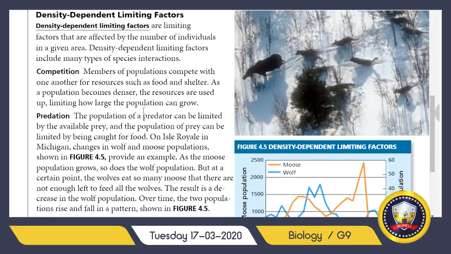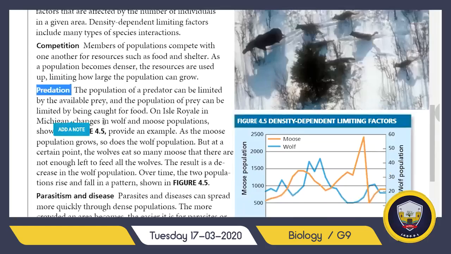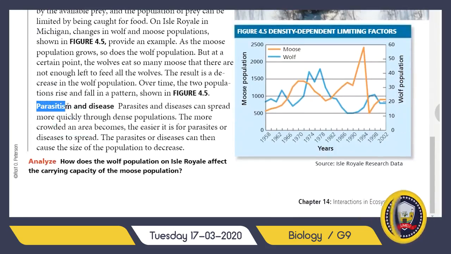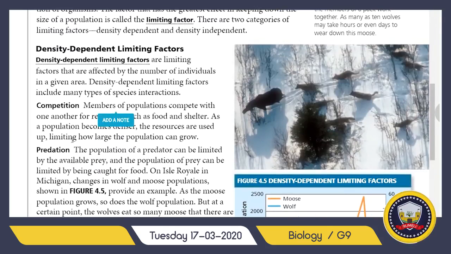Examples of that: competition, predation, parasitism and disease. This is the density dependent limiting factor. It means how much do we have in numbers in any given population.